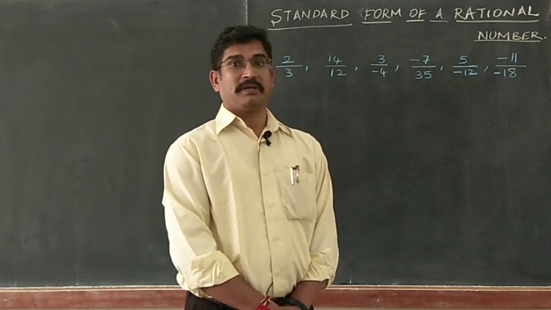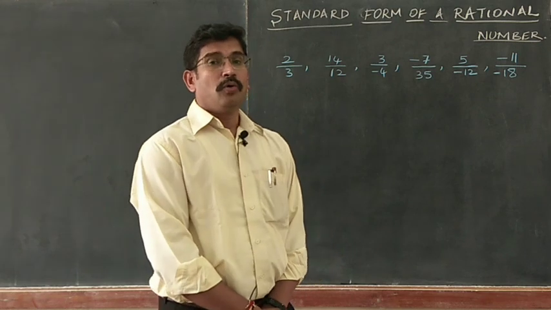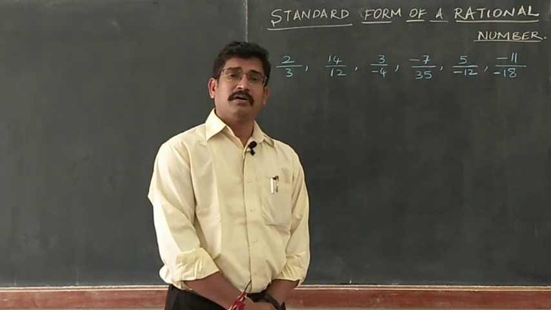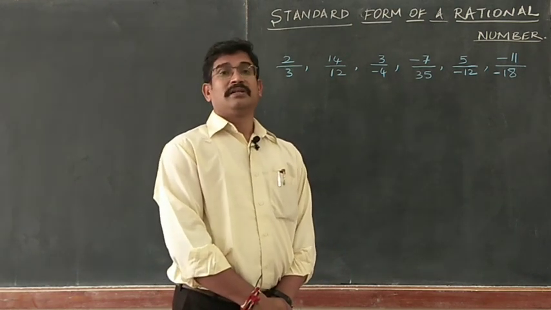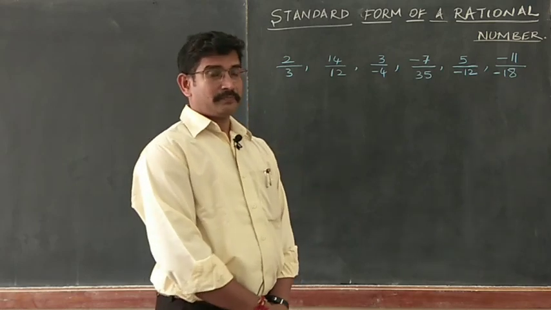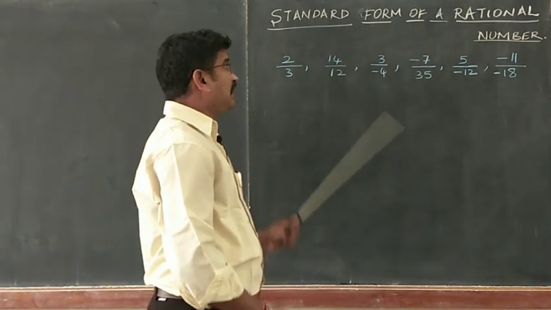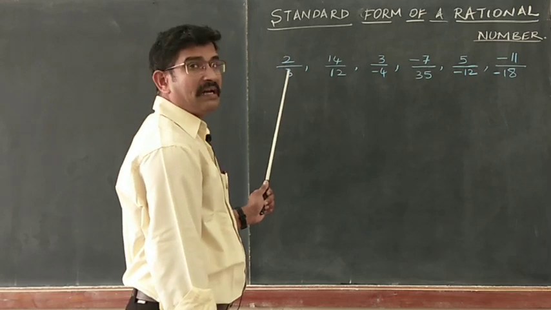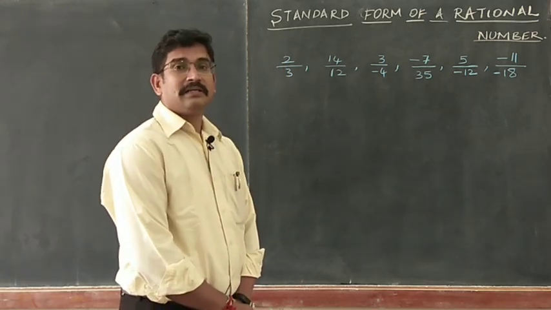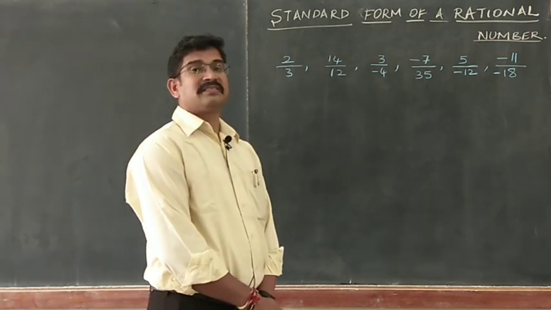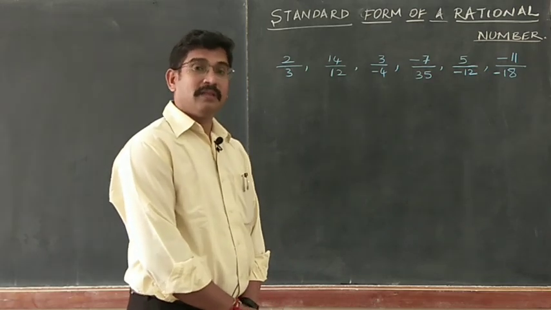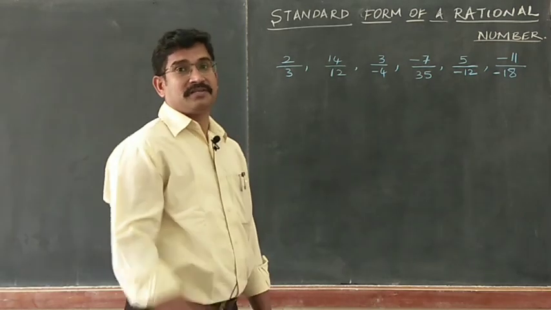This is what you have to keep in your mind. Now, what is the standard form of a rational number? Here the concept comes like this. If I want to call any rational number that it is in standard form, then you must check two conditions.